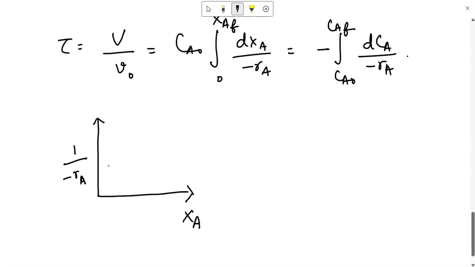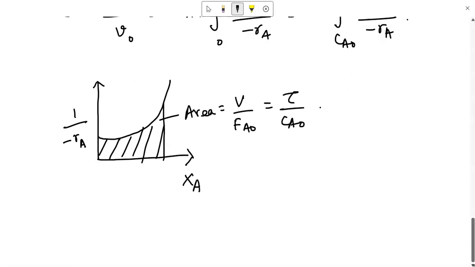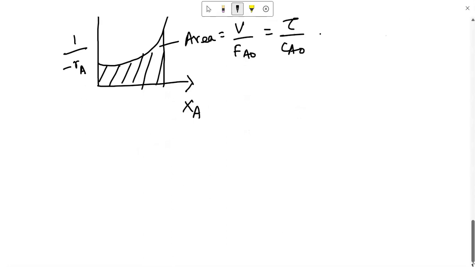Then you would have a curve like this, and this area under the curve equals V by FA0 or tau by CA0. Tau here being the space time.